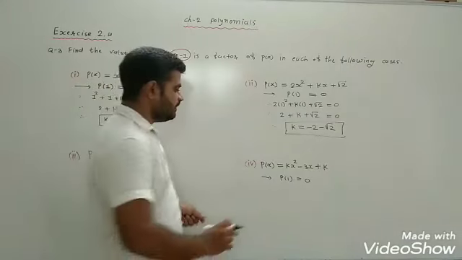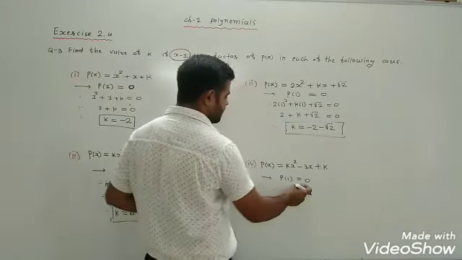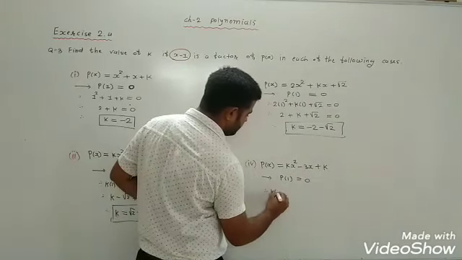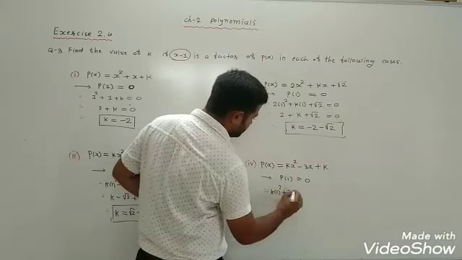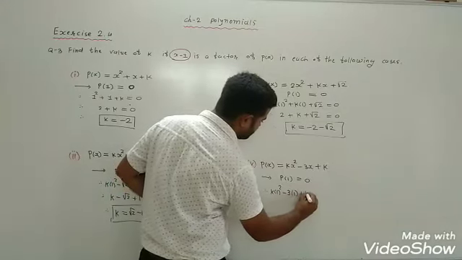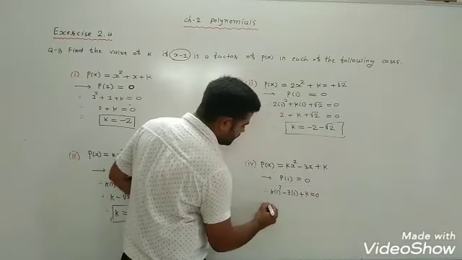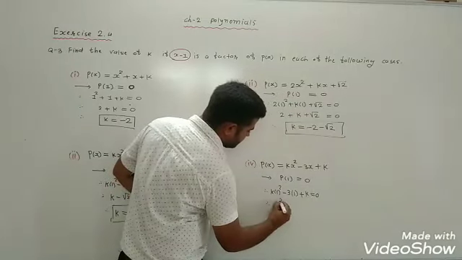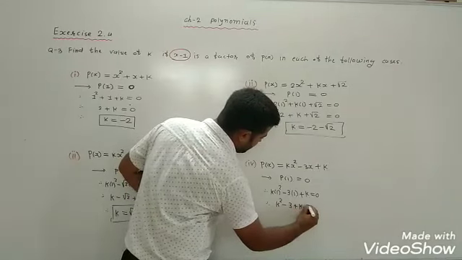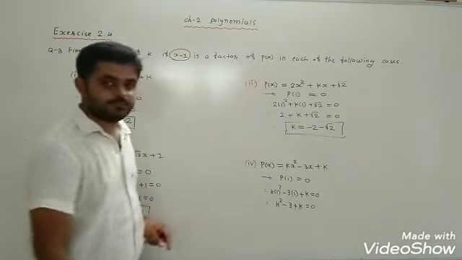Now fourth question, p of 1 is equal to 0. It is given. So the value of x is 1. So k into 1 square plus minus 3 into 1 plus k is equal to 0. So k minus 3 plus k is equal to 0.